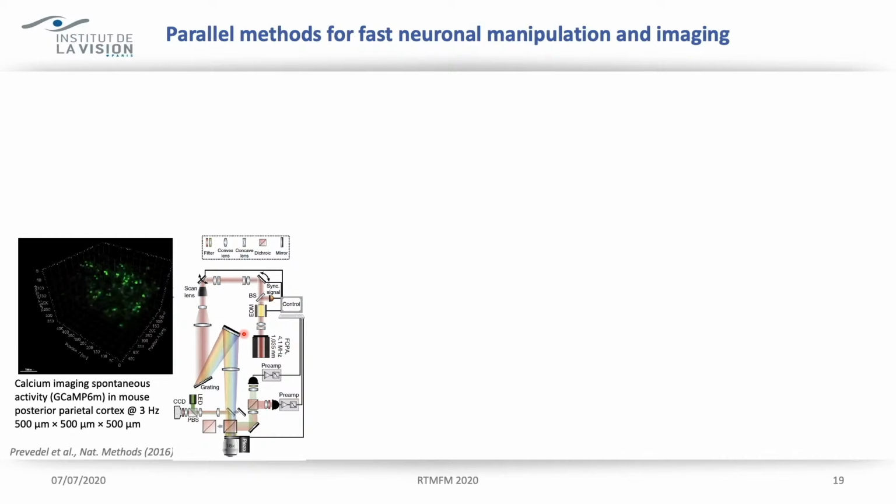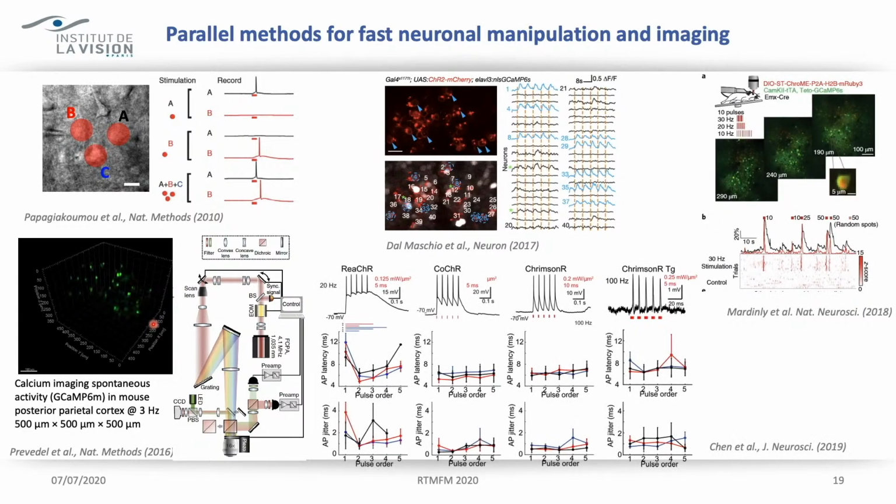Temporally focused low numerical aperture Gaussian beams have been used to rapidly scan in big volumes for fast monitoring of neuronal activity with calcium imaging, as we show in this example. Generalized phase contrast and holographic patterns have been used with temporal focusing or not for neuronal photostimulation, especially for optogenetics, since parallel two-photon excitation methods can simultaneously excite opsins distributed throughout the soma.